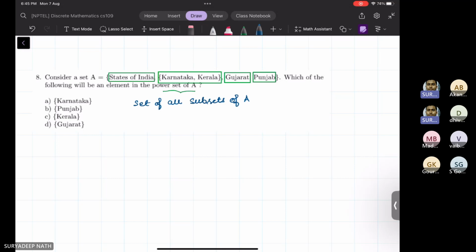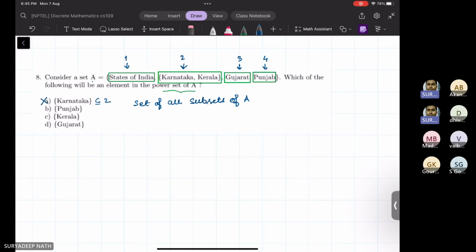So you have first Karnataka. So Karnataka, if you see, it comes within this set. In this set, so let me call it 1, 2, 3, 4. So you have 4 elements. So Karnataka is a subset of 2, but it does not exist as a singleton inside A. Therefore, it won't appear as a singleton in the power set of A. So Karnataka is not a right answer.